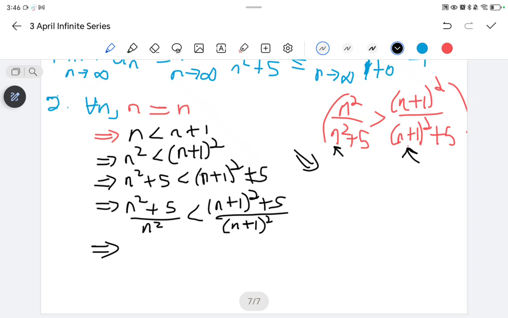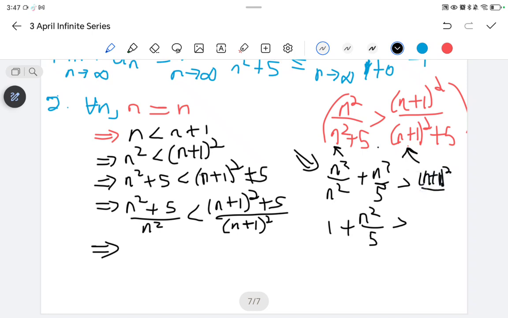Let me check something: n squared over n squared plus n squared over 5, plus n squared over 5, greater than n plus 1 squared over n plus 1 squared. Yeah, let me just write like this.